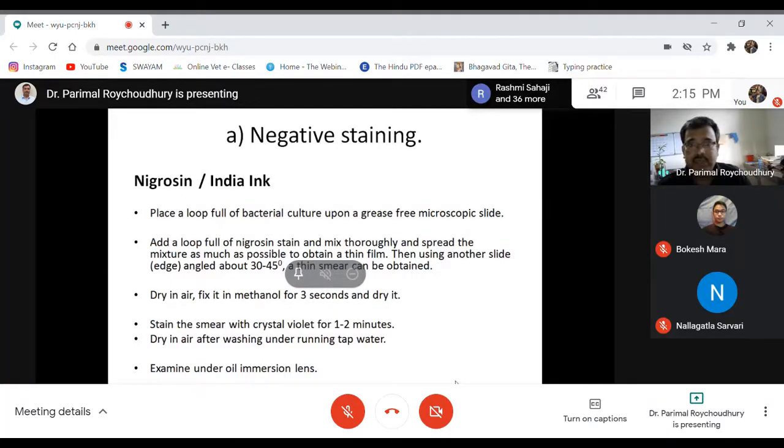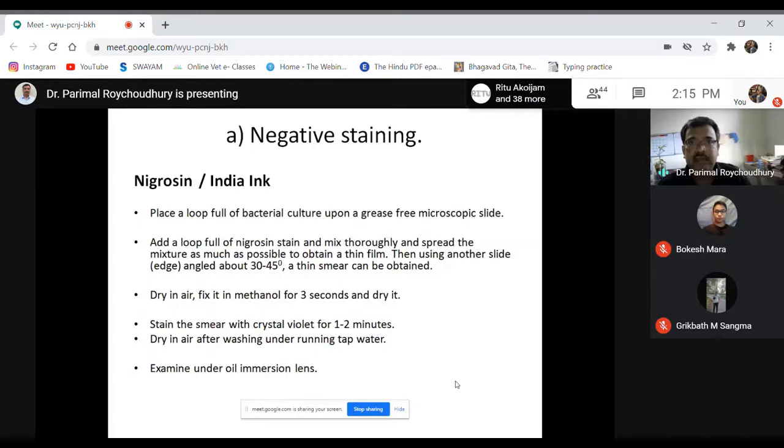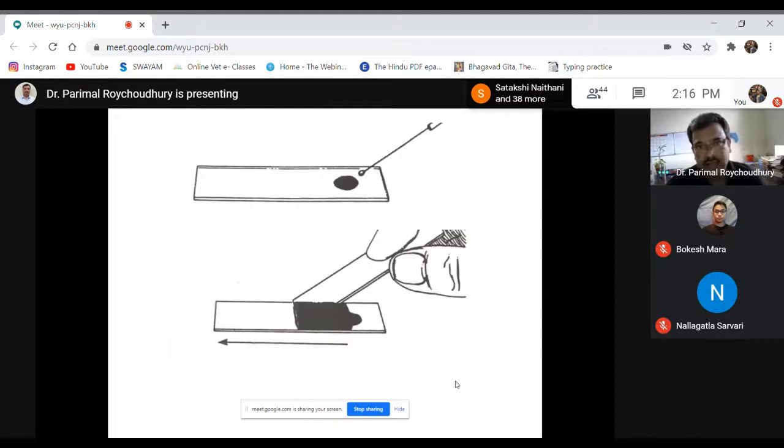If you make a suspension of the bacteria in nigrosin or India ink, the bacteria will not take any color, rather the whole background will be colored. So we can see a negative contrast, like the background will be black, and the organisms you can see under the microscope.